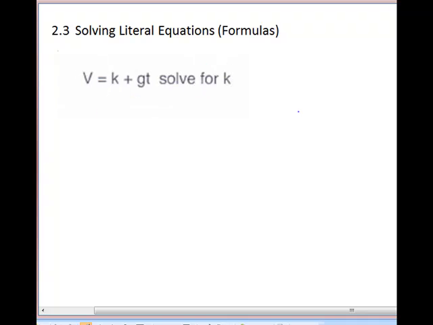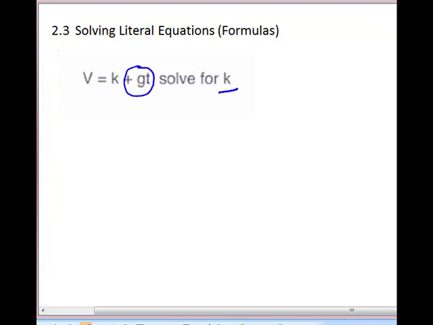Next, we have a standard two-step formula. We're trying to get to the K. So we go on the side with the K, and we should take off anything that's added or subtracted to the K term. Actually, this one will just be a one-step problem because of the variable we're asked to solve for. We want K. That means we don't want this whole GT.